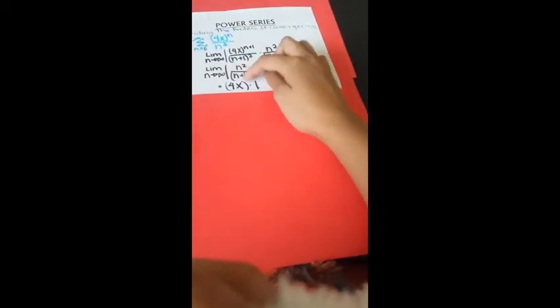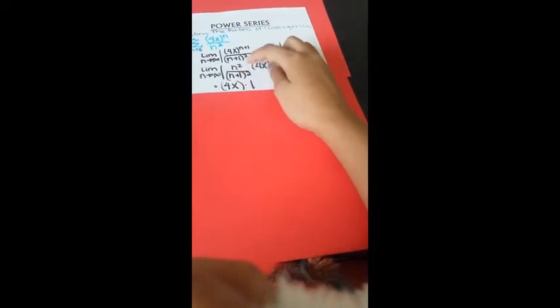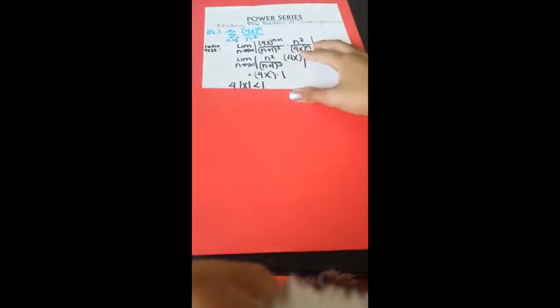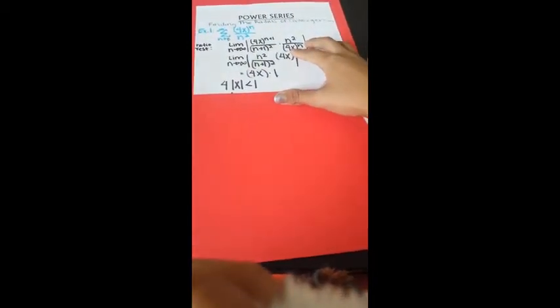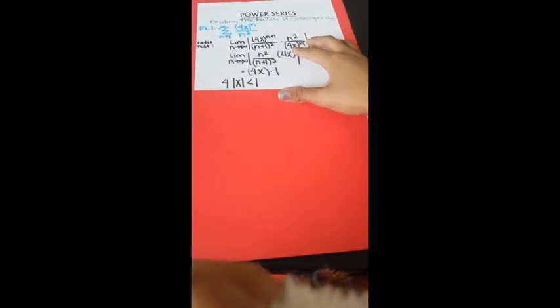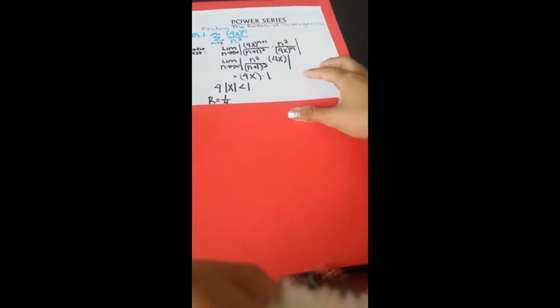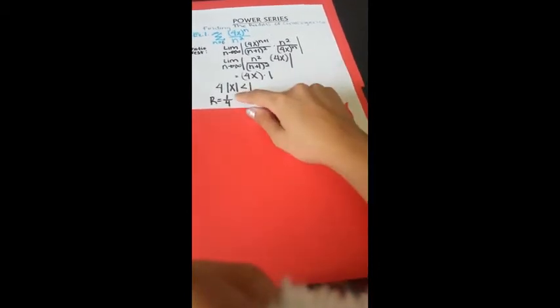The limit of n squared over n plus 1 squared is 1, because they have the same degree. So it's 4x, our constant, times 1. Then we have to find where this is less than 1, so we have 4 times the absolute value of x less than 1. Then we solve for x, and we get r equals 1/4.